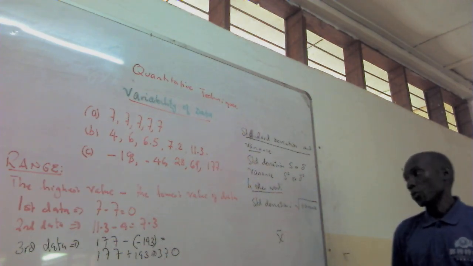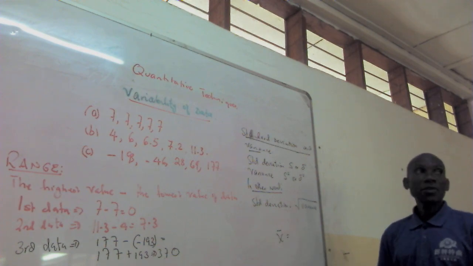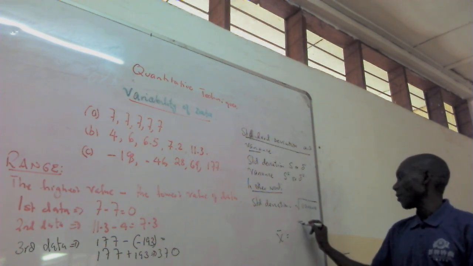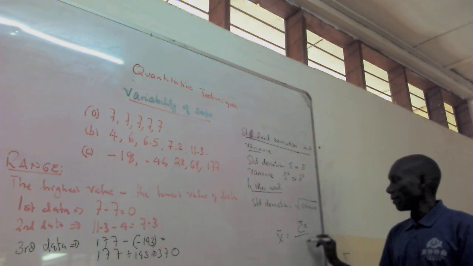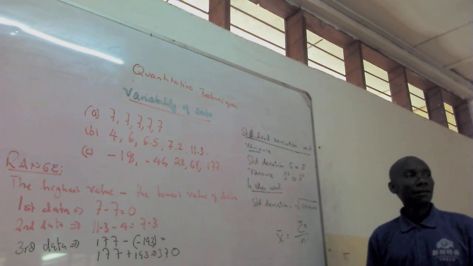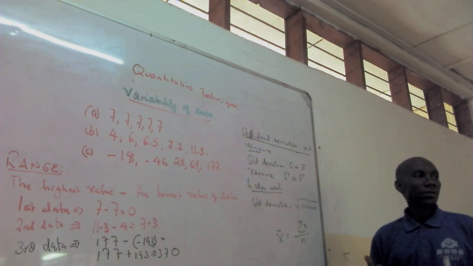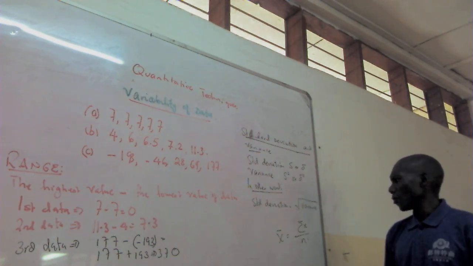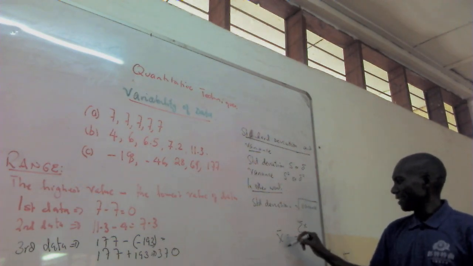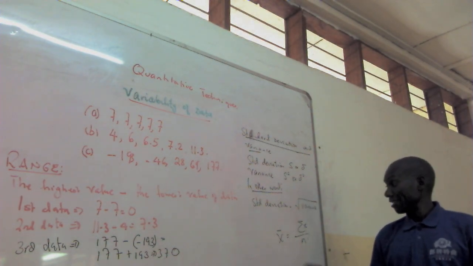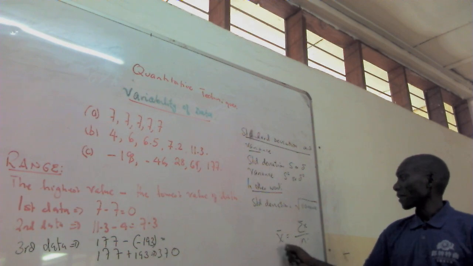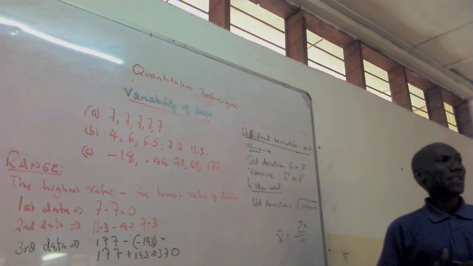Remember, we used a formula to find the mean, the sum of x's divided by N. That's our mean, what we looked at last time. The mean is the average. So how far are you from the mean?